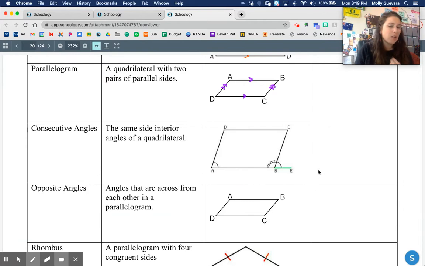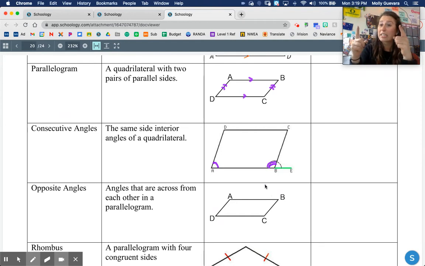Okay. In a parallelogram, and not just necessarily in a parallelogram, but just in general, consecutive angles are the same side interior angles of a quadrilateral. Again, quadrilateral, 4 sides. Okay, so consecutive angles right here. So they're angles that are next to each other. So this guy and this guy are consecutive angles.